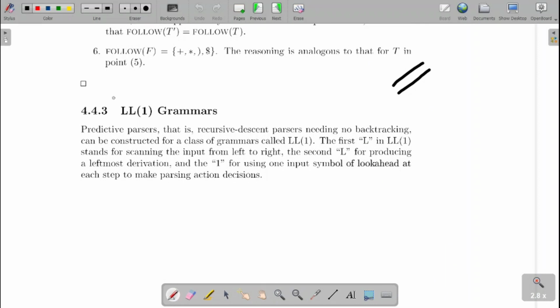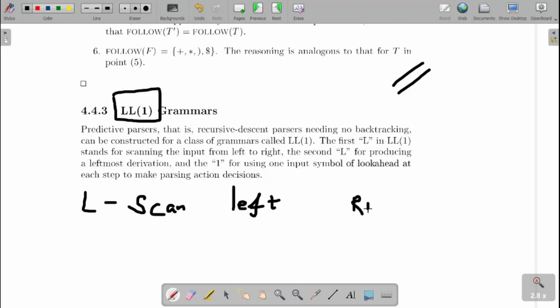In LL(1), the first L stands for scanning from left to right.